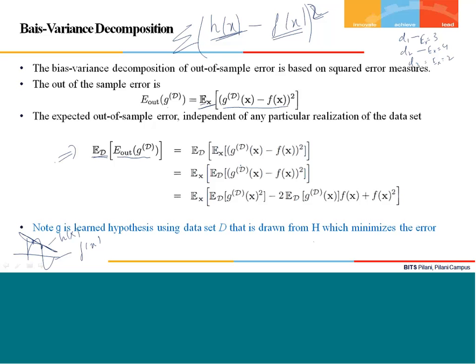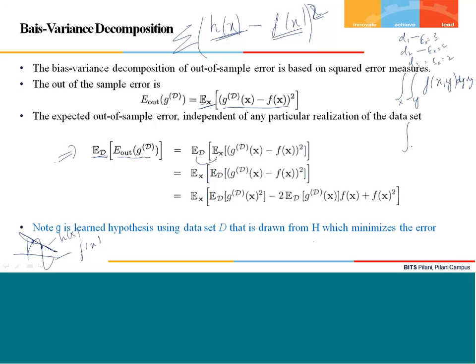Let's go through these expressions. You will get a better idea. Because these are just expected values of positive values, I can interchange them. I've just interchanged them. E_D goes outside, E_x gets inside. So the expected value of an expected value, you can change it. It will not affect the result. For example, if you are doing integration of f(x,y) dx dy, you can do it as dy dx.